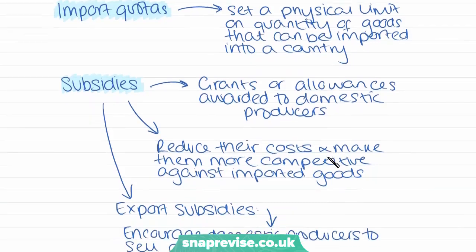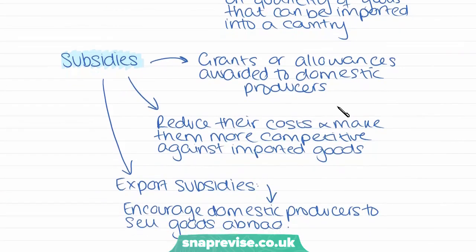Then we have subsidies, and subsidies are grants or allowances which are awarded to domestic producers. So domestic producers are producers within a country, essentially. And these help to reduce their costs and make them more competitive against imported goods.